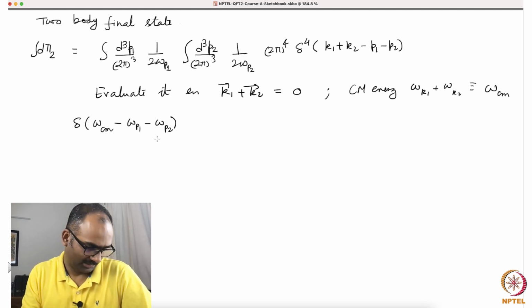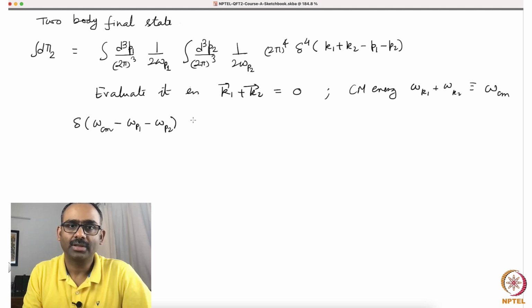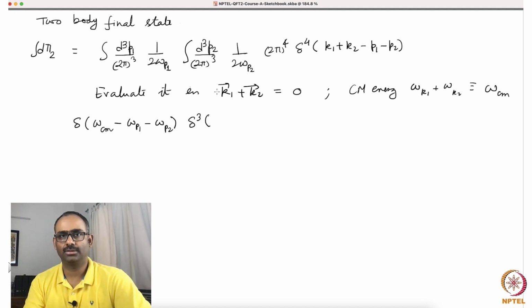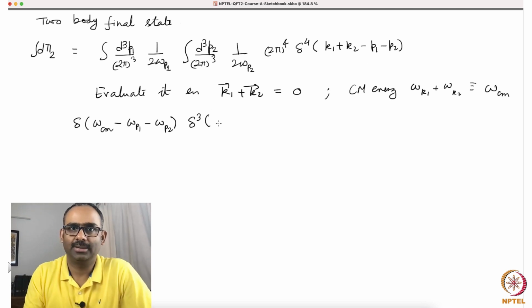And then the delta cube: because of my choice, K1 plus K2 is equal to 0, so I am left with only P1 plus P2.